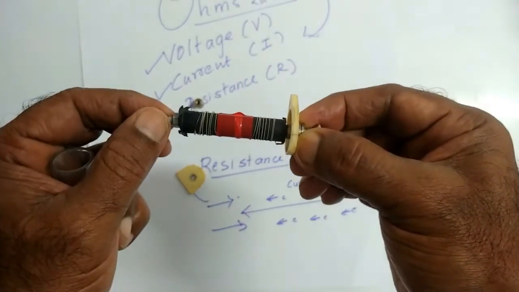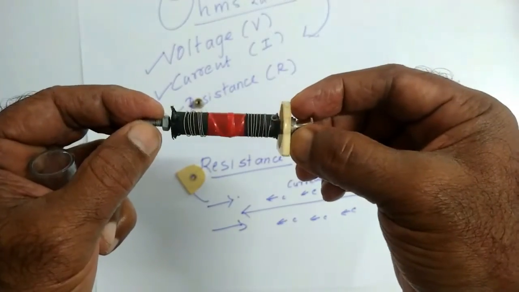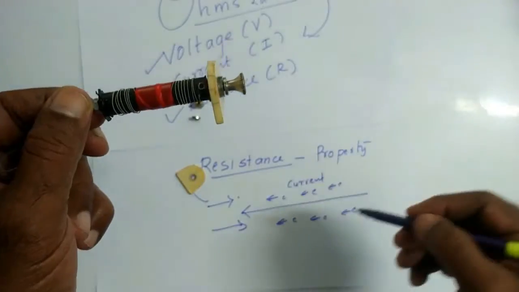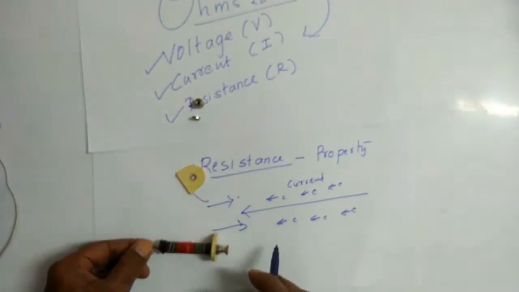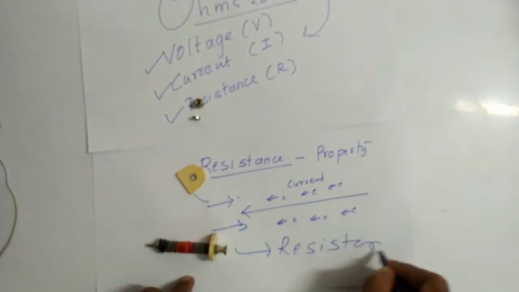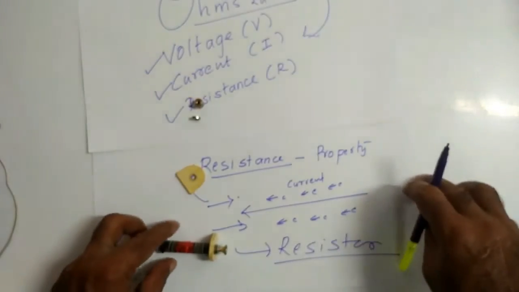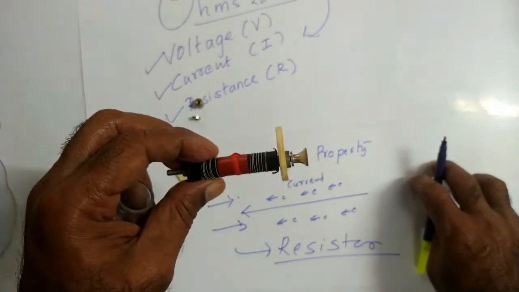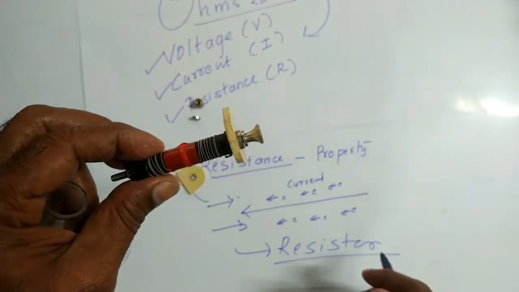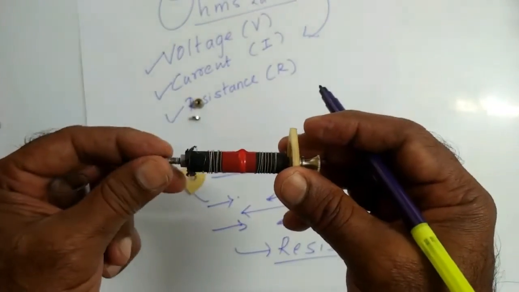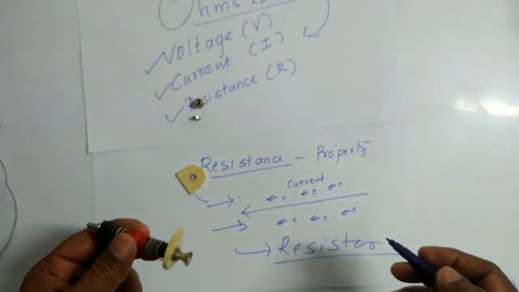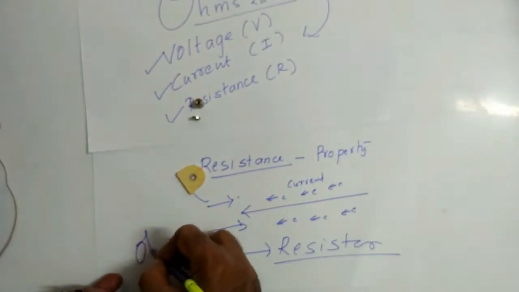And therefore, since this particular coil has more resistance, we generally call this coil a resistor. Now, the unit used to measure resistance is ohm.